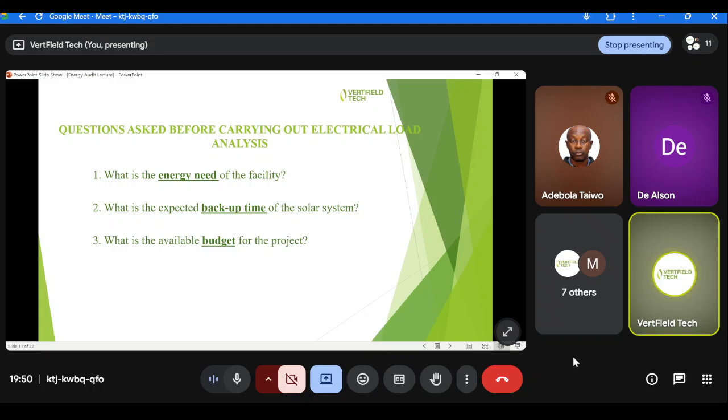If Mr. Taiwo is a new person to this field, what is expected is that he doesn't have an idea of what we're talking about. Then we can break it down for him by telling him to give us a list of the various appliances he intends to power up using the solar system.